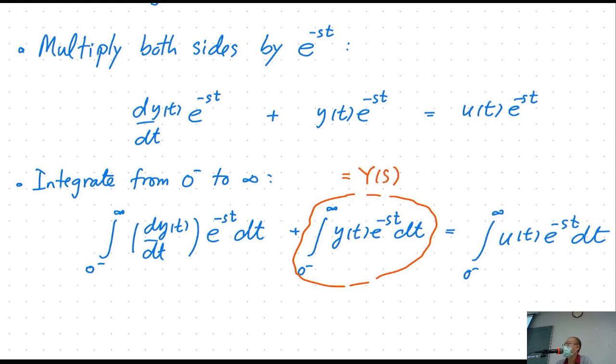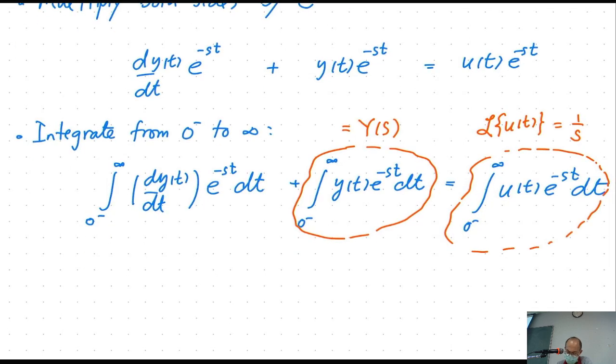Now what is the right-hand integral equal to? We recognize that the term on the right-hand side is the Laplace transform of u(t). What is the Laplace transform of u(t), if you remember? That would be 1 over s. So the right-hand side is 1 over s.